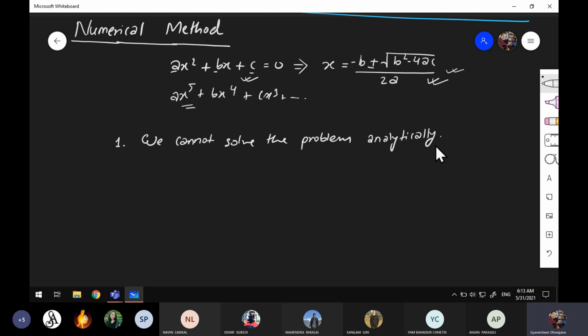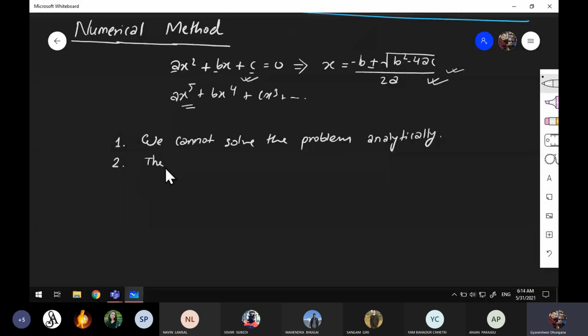If we cannot solve the problem analytically, that means we do not have any pre-existing formulae and rules, okay, for solving the problem. In that case, we have to use the numerical method for solving that kind of problem. Another is the problem is very difficult to deal with.